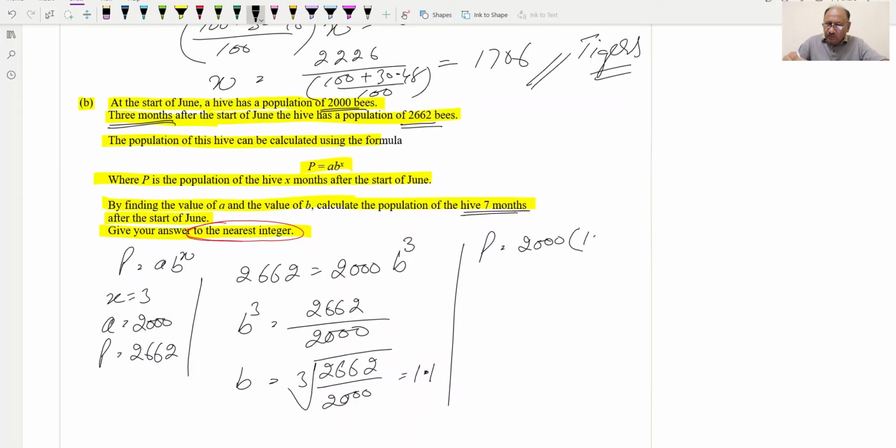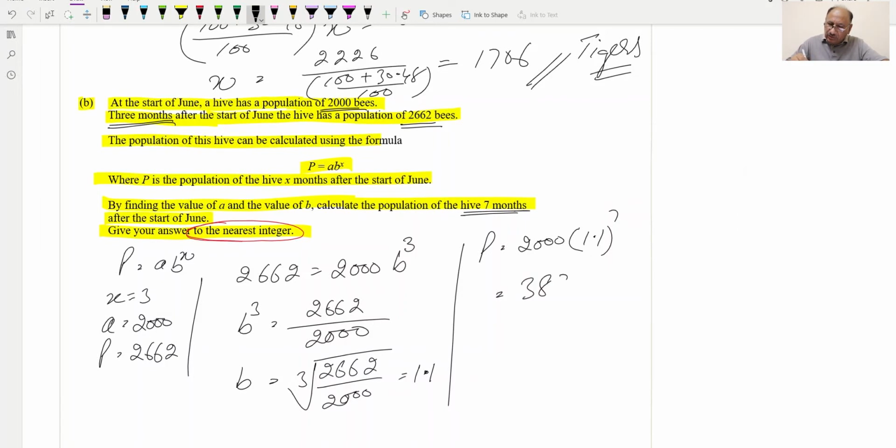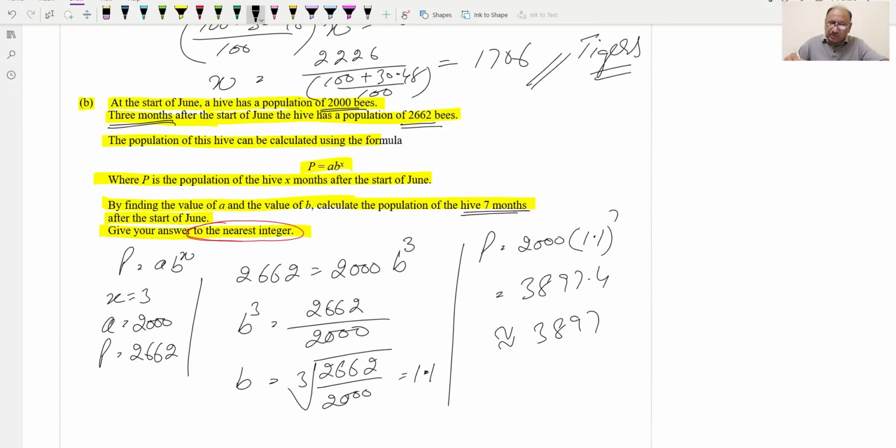This is the B value, raised to 7 because we are calculating for 7 months, and this will be equal to 2000 multiplied by 1.1 raised to the power 7, and this will give us 3897.4. So 3897.4, and the rounded value will be 3897, and this will be the final answer to this question.